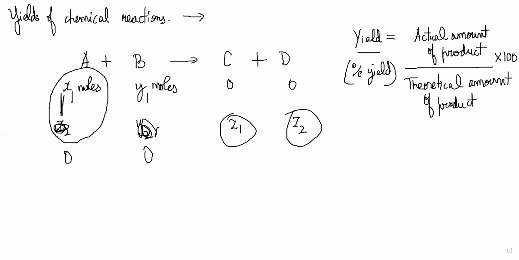So for example, now we look at a couple of questions here. Let's see problem 3.7 and 3.8. Problem 3.7: ethyl alcohol, C2H5OH, is being prepared industrially by the reaction of ethylene with water.